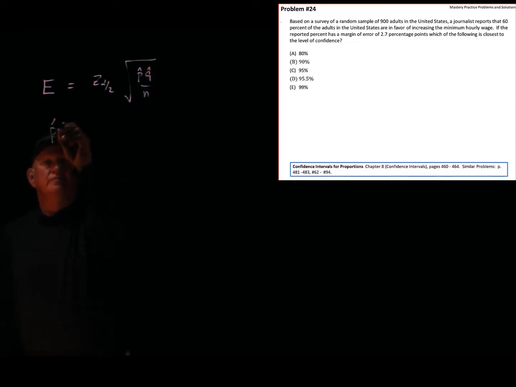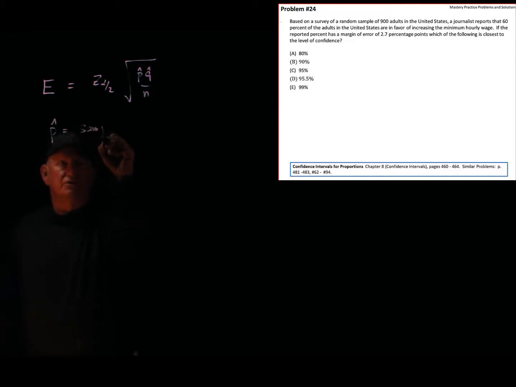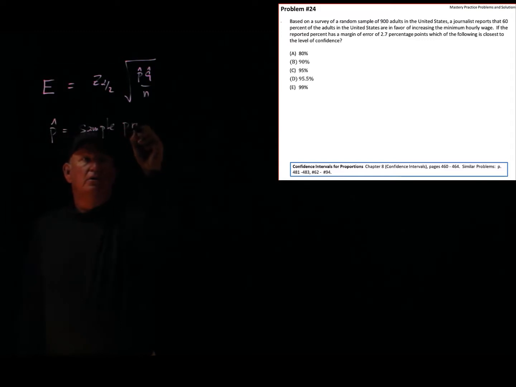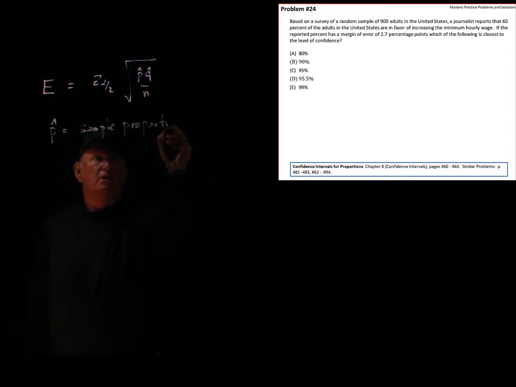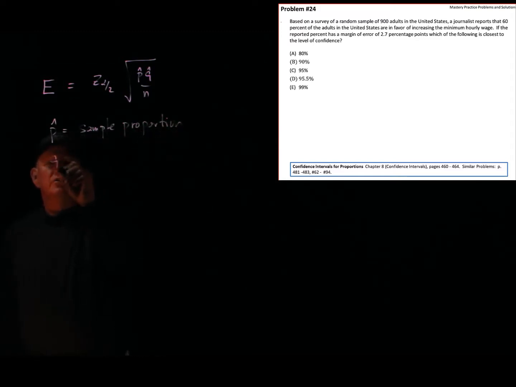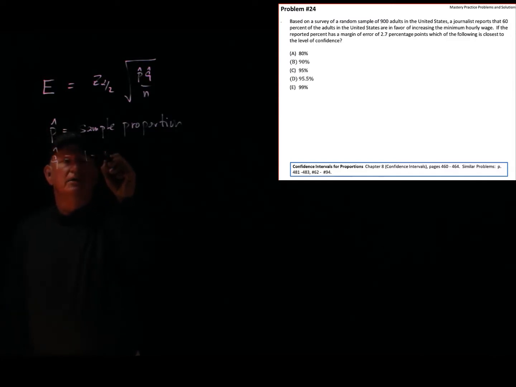And p hat is the sample proportion. q hat is 1 minus p hat. n is the sample size.